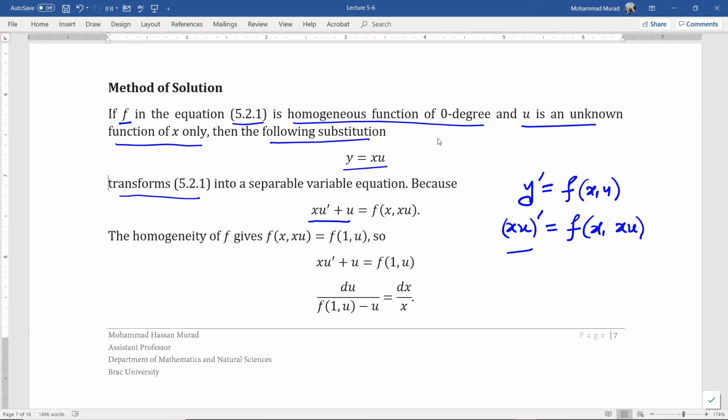And in the right hand side, the homogeneity of f gives x to the 0, since f is a homogeneous function of 0 degree. We obtain this equation, which can be easily written in this form, where variables are separated. In principle, we can solve this equation by the method of separating variables.